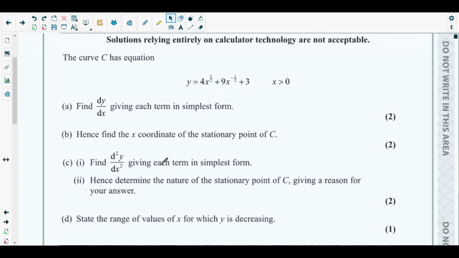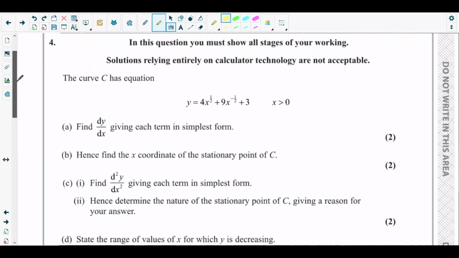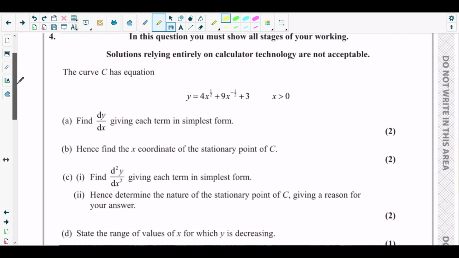In order to solve this question, you should know how to find the derivative of an algebraic expression, how to find the second derivative, and how to use the concepts of the second derivative. So let's get started with the fourth question of the P2 October 2024 paper.